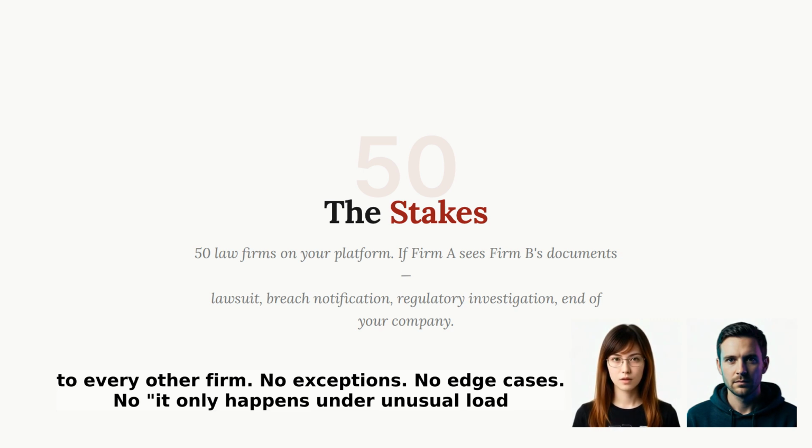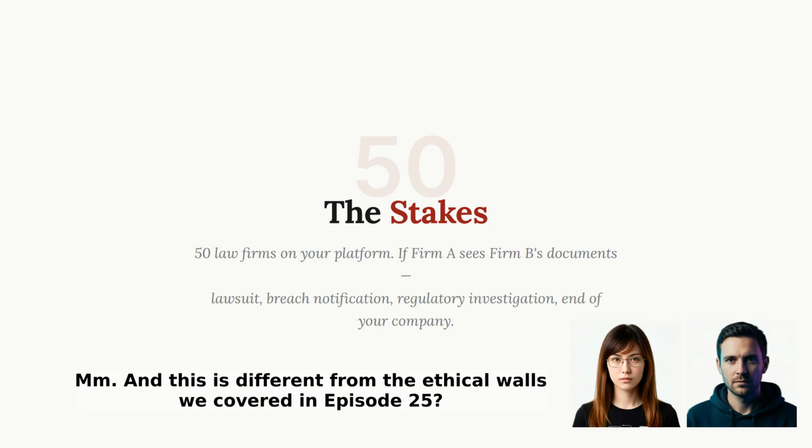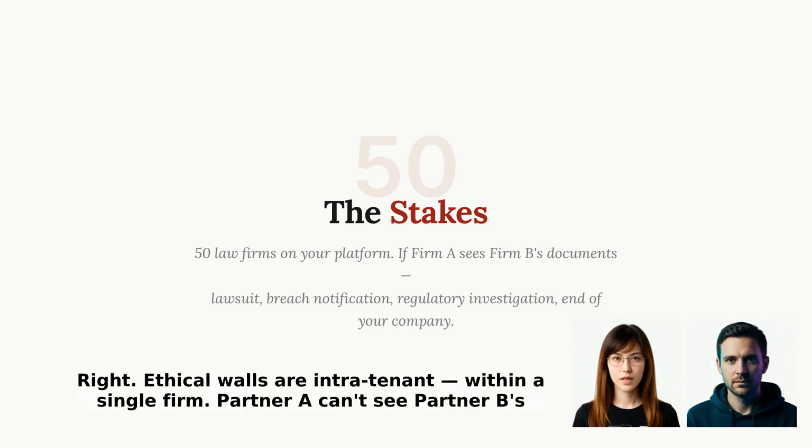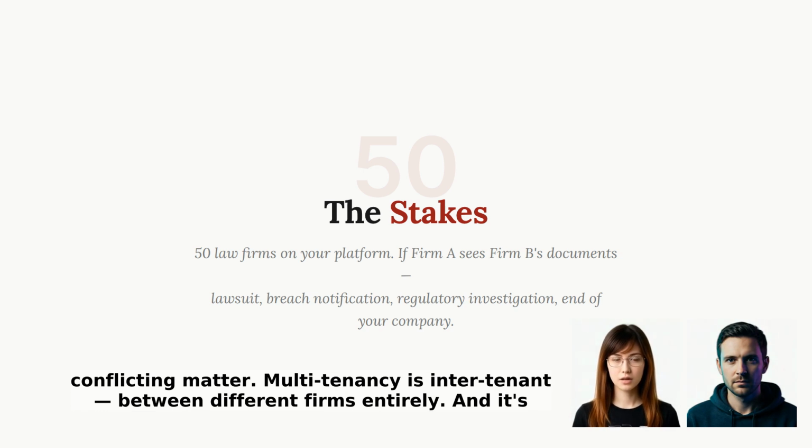And this is different from the ethical walls we covered in episode 25. Right. Ethical walls are intra-tenant, within a single firm. Partner A can't see partner B's conflicting matter.